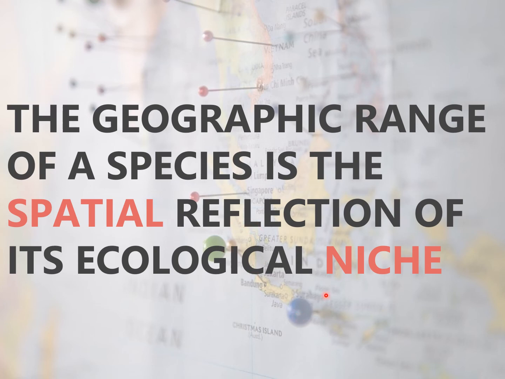In fact, if you wanted to superimpose those ideas, you could refer to the realized geographic range or the fundamental geographic range, and those would be the exact same concepts as the fundamental or realized ecological niche, where the realized geographic range is the actual places where you find a species, and the fundamental geographic range is the total geographic range that a species could occupy, but for some reason otherwise does not.